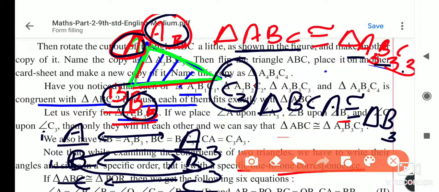Then next, C corresponds with C3, and lastly A corresponds with A3. So in this way we have to change its order too. That is the correspondence.